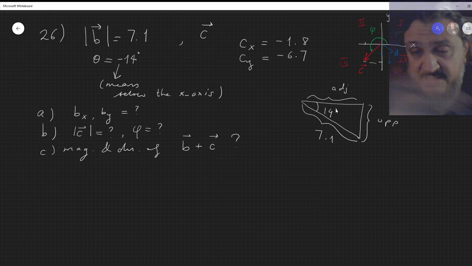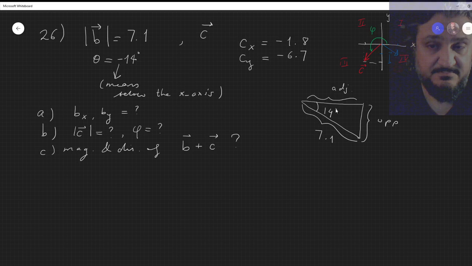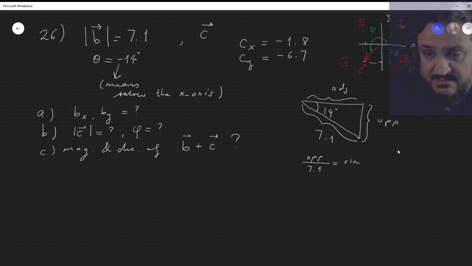Never confuse sines and cosines. That would be a big mistake, and there is no room for mistakes when it comes to sines and cosines. Cosine is adjacent over hypotenuse, and sine is opposite over hypotenuse. So opposite over hypotenuse gives me the sine of 14 degrees, and adjacent divided by hypotenuse gives me the cosine of 14 degrees.